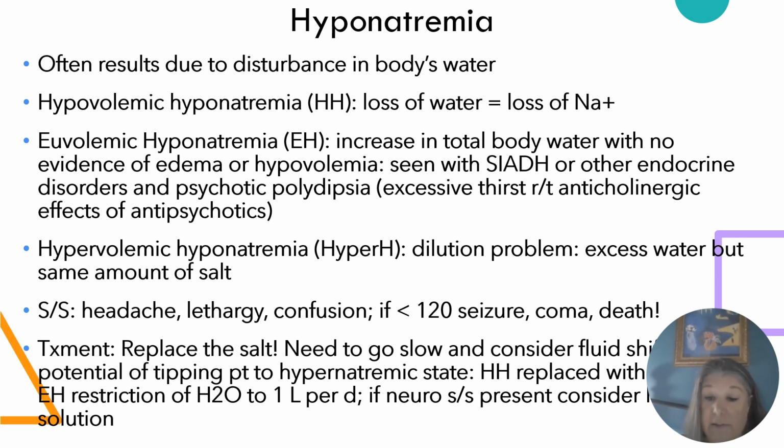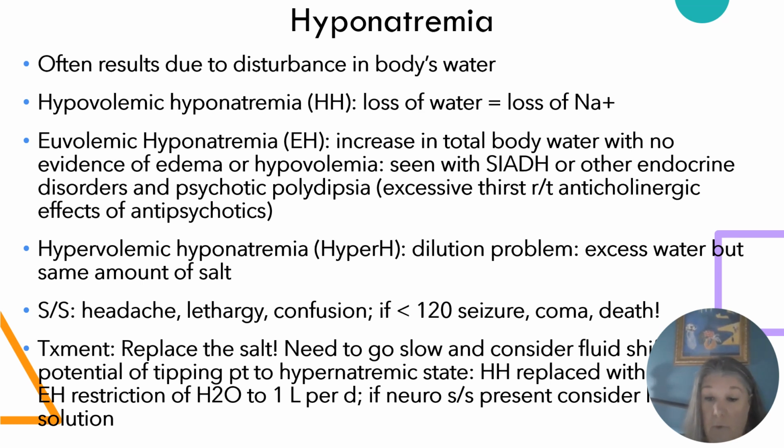So when somebody comes in severely dehydrated, that is our biggest worry related to hyponatremia: if it is below 120, seizure, coma, death. It is a problem. So we always want to be looking for our neuro signs and symptoms. That's really the biggest thing.